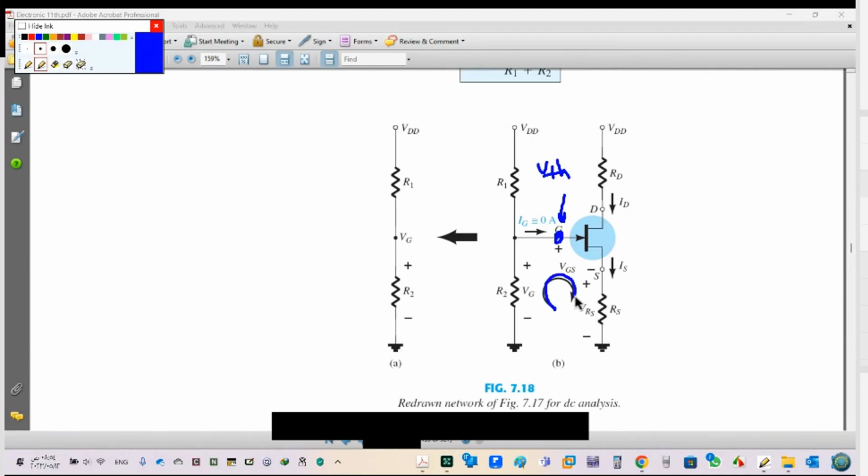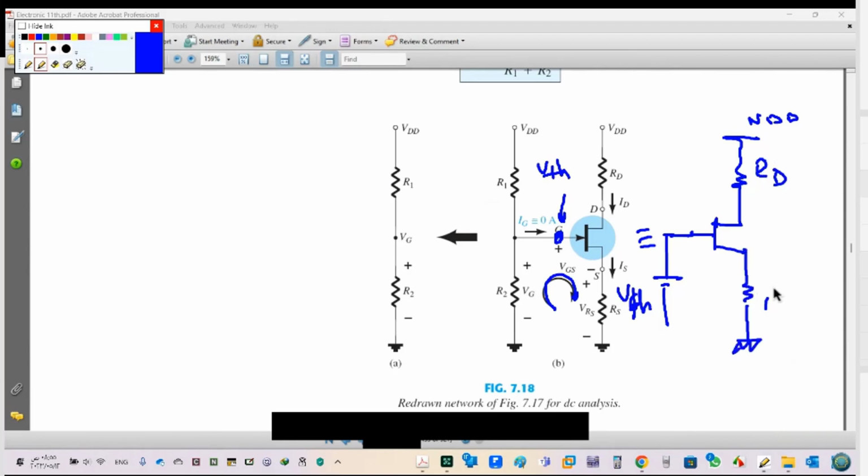This is the equivalent for this one. If you remember, we have VG or V Thevenin. Then after that, we made the transistor, VDD, RD, RS, and here we have R Thevenin. Did you remember this?